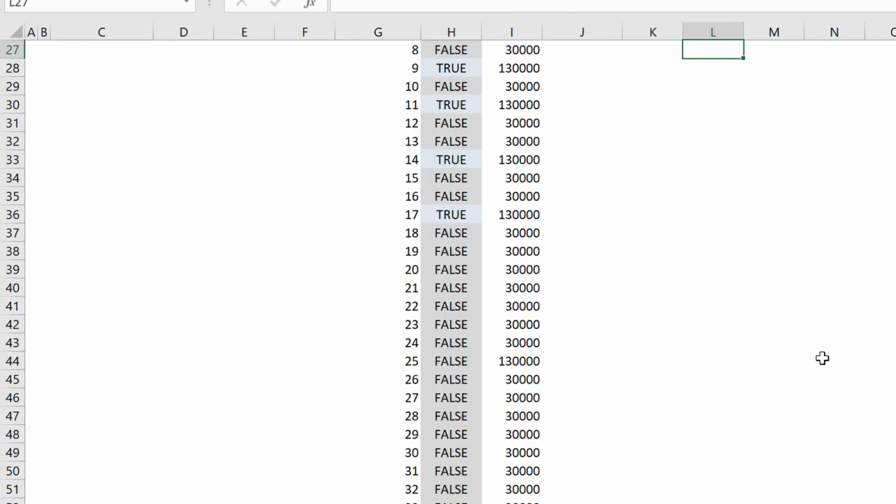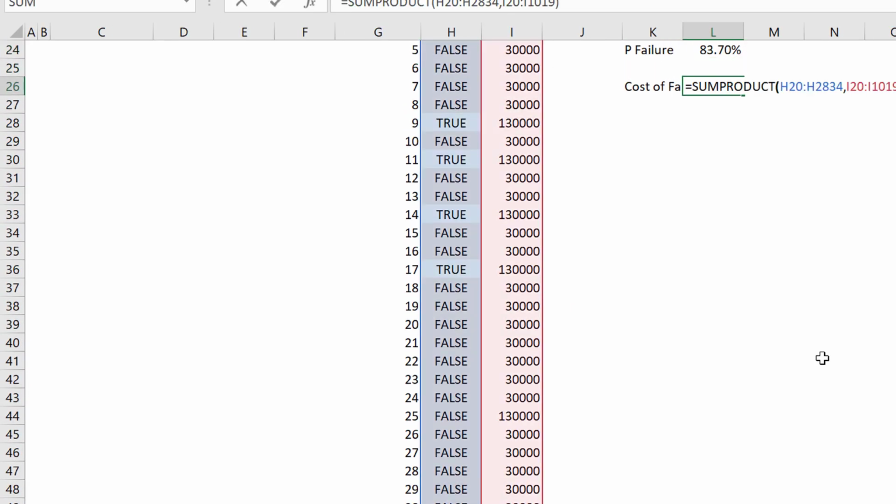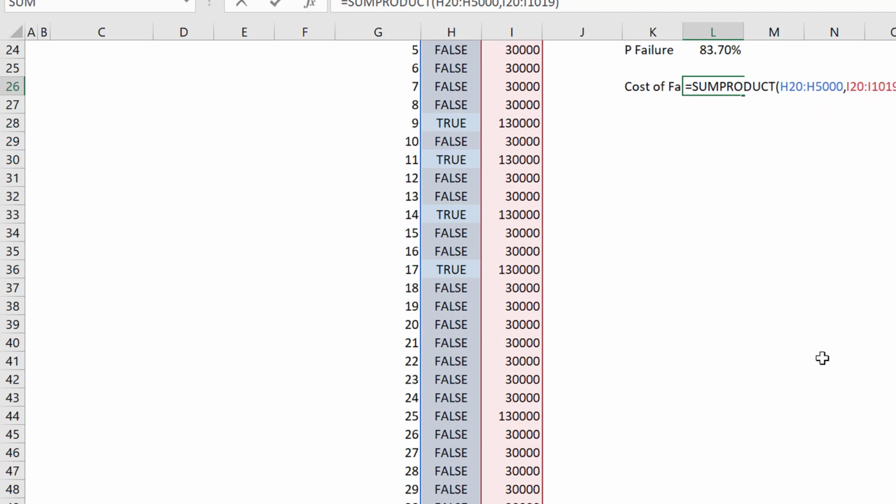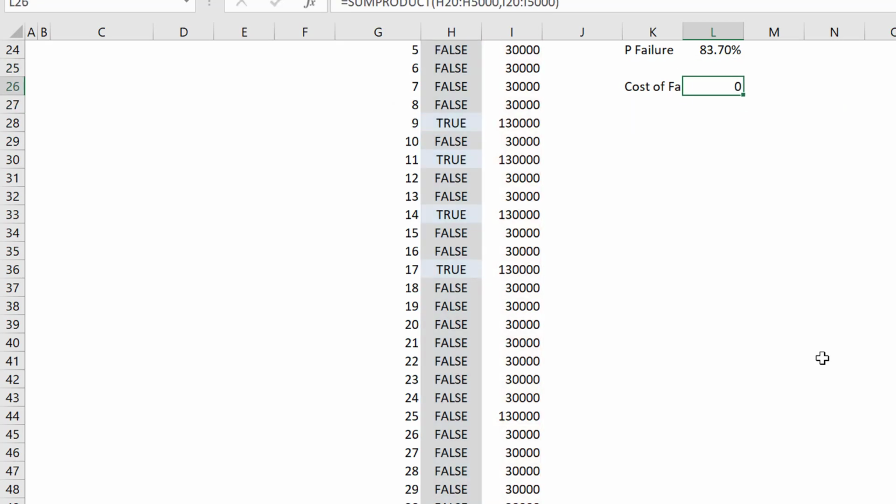Okay, it doesn't work now, of course. Let's just cheat and put 5,000. And we might need to do more than 5,000. Now, the way I would test this out now, okay, oops, some product.